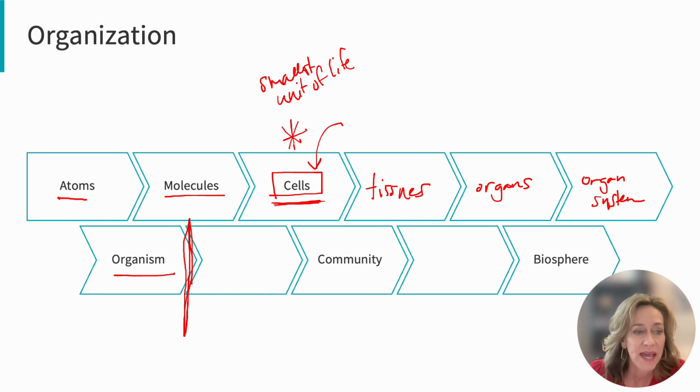This next category is when you have multiple living organisms of the same species in the same place at the same time that can interbreed. This is a population. If I were to walk outside in my yard, I would have multiple populations.